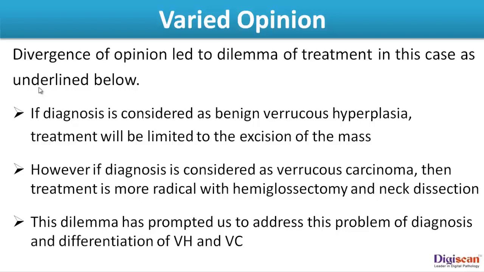However, if the diagnosis is considered as verrucous carcinoma, then treatment is more radical, with hemiglossectomy and neck dissection or sentinel node dissection. This dilemma has prompted us to address this problem of diagnosis and differentiation of verrucous hyperplasia and verrucous carcinoma.